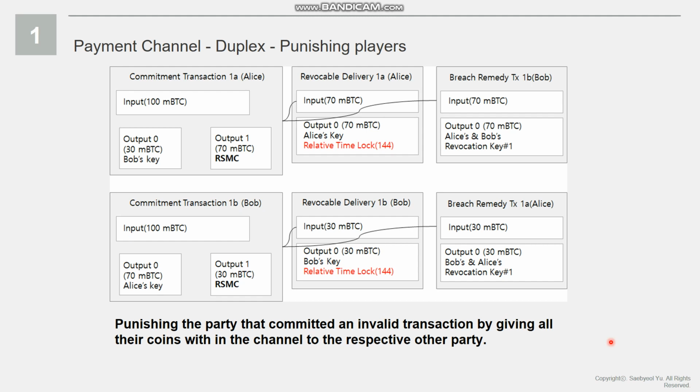So this is a duplex channel with a punishing mechanism. In each transaction in the Lightning Network protocol, each participant creates a commitment transaction with a revocable delivery transaction. They create each transaction and each signs the other's transaction. When they exchange messages, Alice and Bob each exchange the revocation key used in commitment transaction 1 to abandon the transaction in C1.